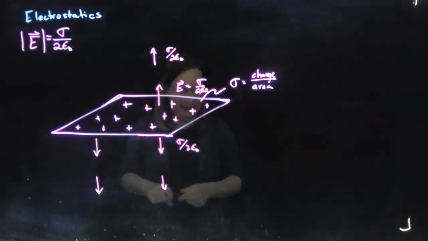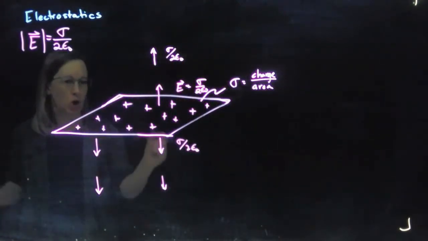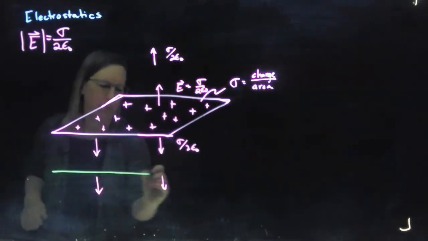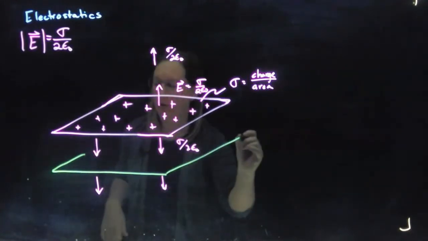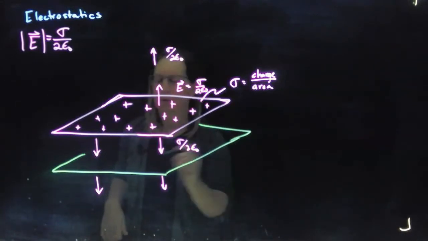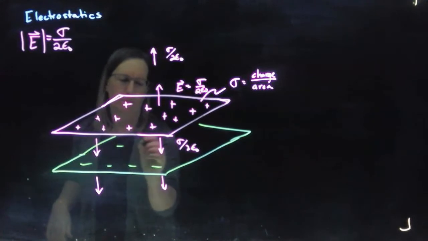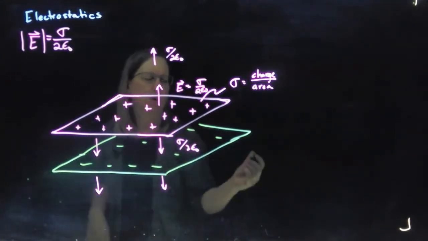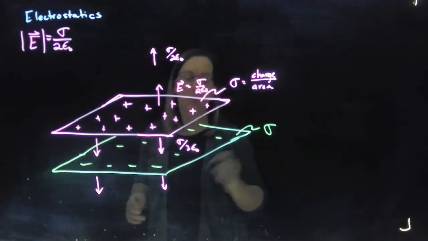Okay, I'm going to add a second plate in, and I'm going to say it has the same charge, the same amount of charge per area, another magical infinite plate, but it's going to be negatively charged. So this is also going to have the same sigma, but it's going to be negative.